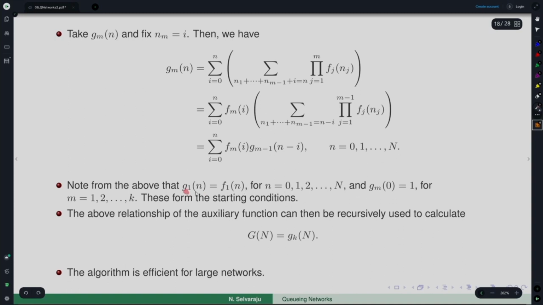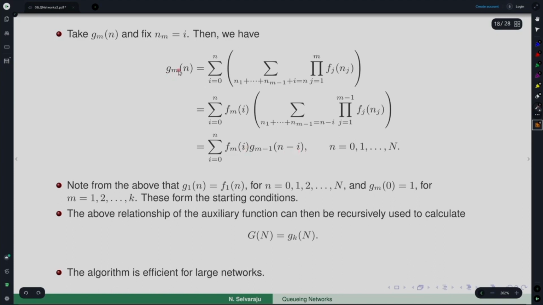Once I know G1 for all points 0, 1, 2 up to n, for all numbers of customers, basically if it is in one node, then G2 of n, if I look at it, will be the sum of G1 of something, n minus i. If I fix i here, then n minus i is what you get.